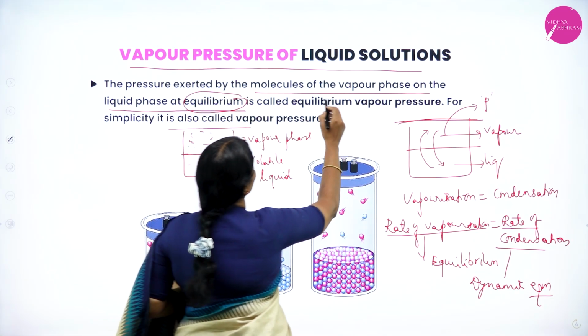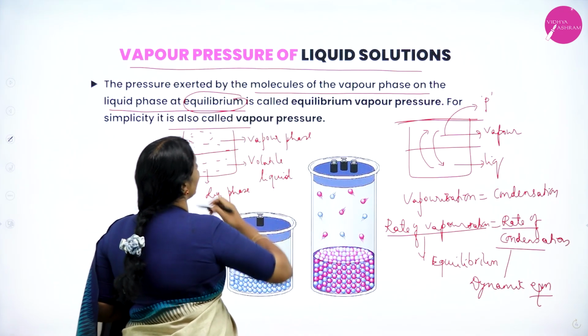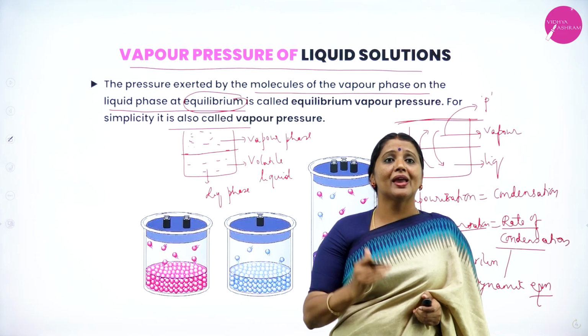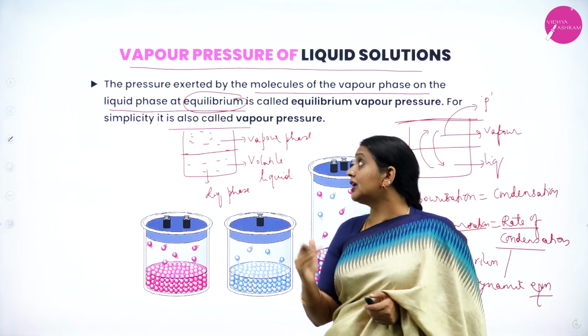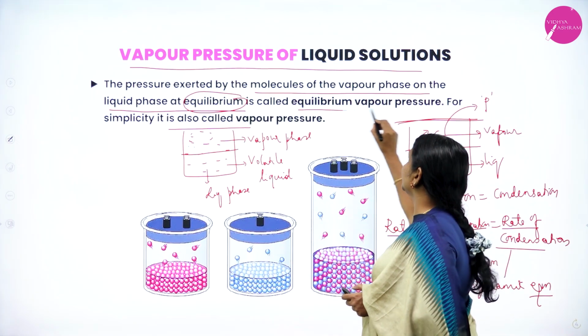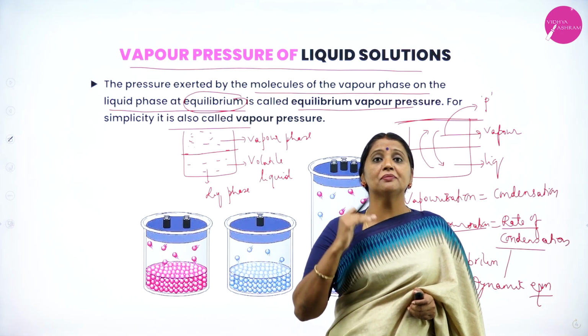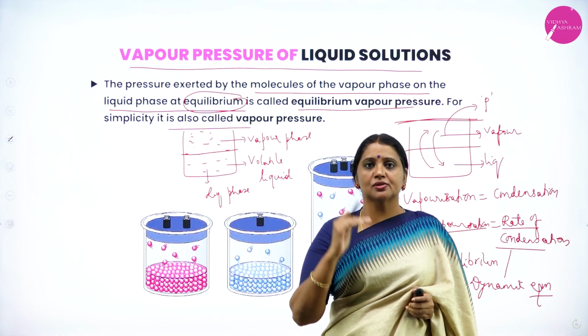At equilibrium, the pressure exerted by the vapor phase when it is collected above the liquid phase is called vapor pressure, and it is also called equilibrium vapor pressure. Therefore, what is vapor pressure?